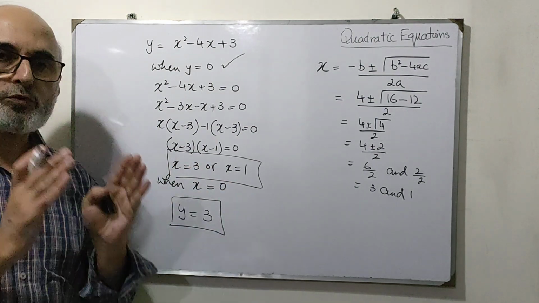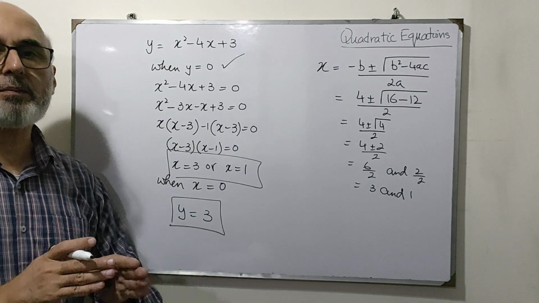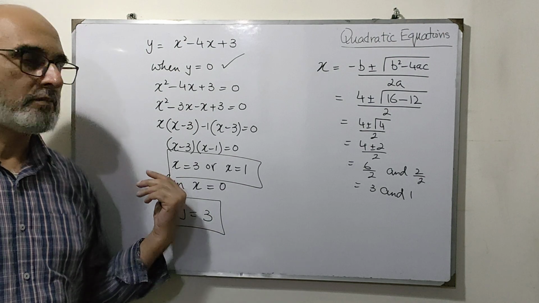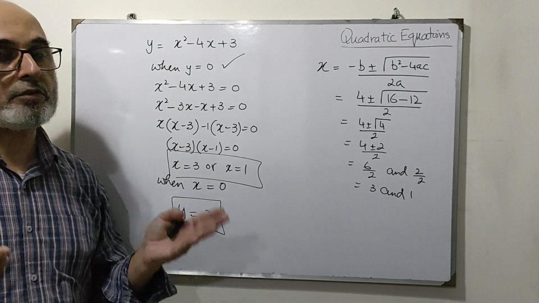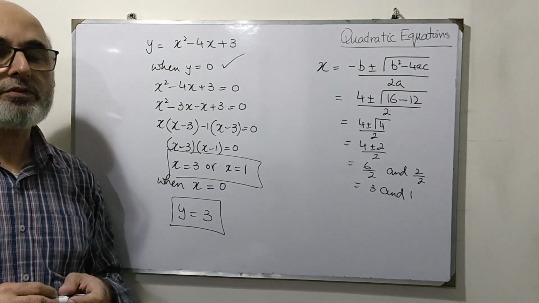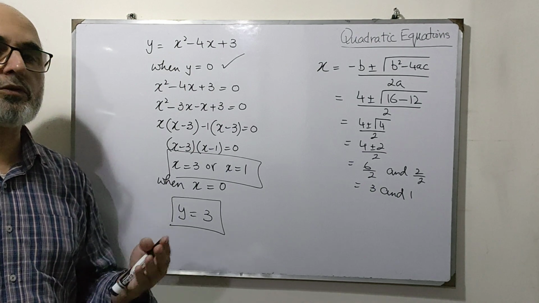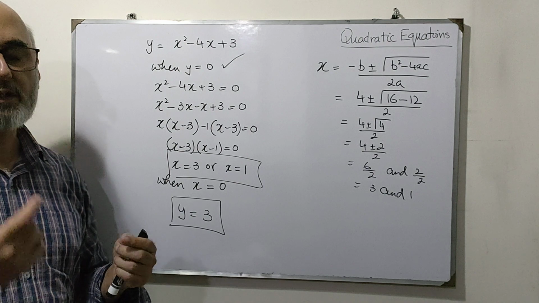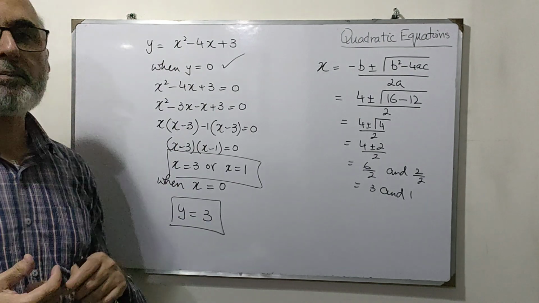Now once we sketch this graph, we'll be able to see the line of symmetry and the minimum or the maximum value. After we sketch the graph, we'll get to know whether we are going to get the maximum value or the minimum value, right? And in this case, we'll get the minimum value.